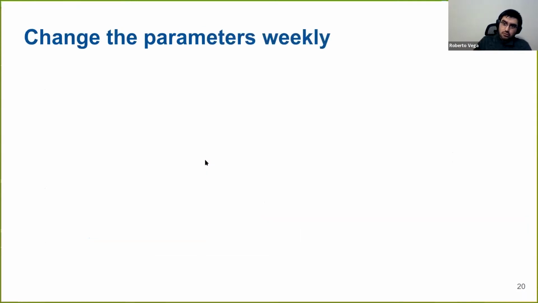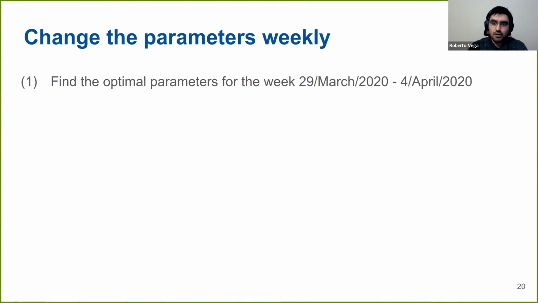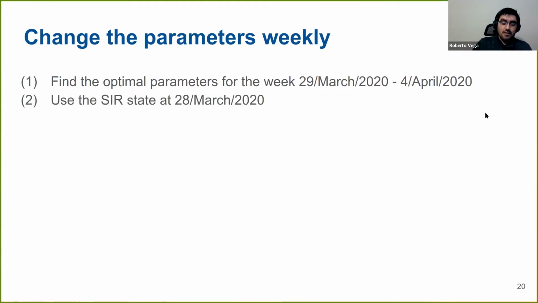Now, what we propose here is to change the parameters weekly. So instead of saying this is the beta and gamma for the epidemic, we can say this is the beta and gamma for this particular week. We repeated the same experiment. We took the week from the 29th of March to the 4th of April. Then we estimated the optimal parameters.